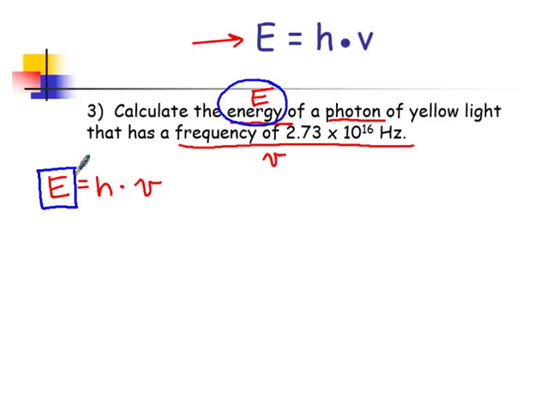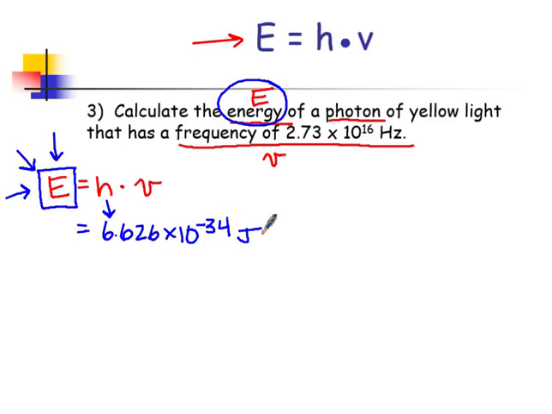I need energy to be on the side of the equal sign by itself. Well, look, friends, it is. I see kids every year do something freaky with this and start multiplying and dividing and rearranging this when all you got to do is plug in. So we are ready to rock and roll. So that means I need H, 6.626 times 10 to the negative 34th joule seconds.